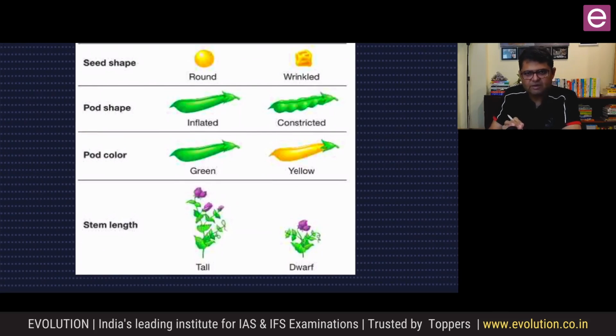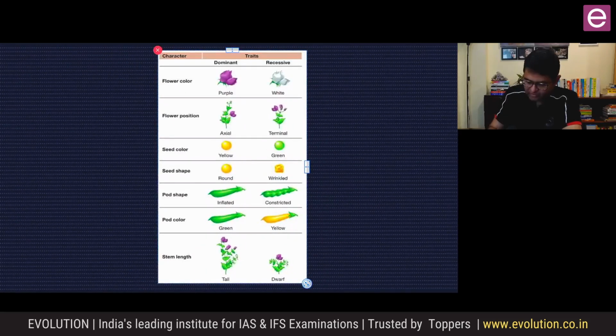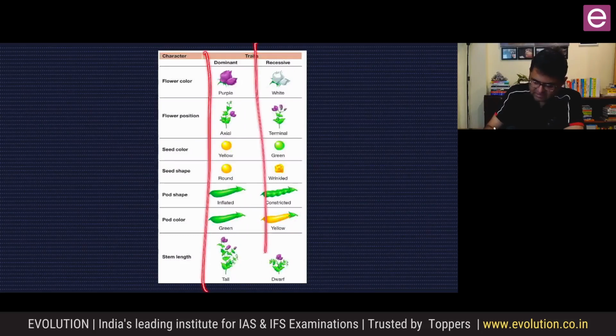And if the stem length is dwarf, it is recessive. So that's how Mendel carried out these 7 characters analysis. And mind it, each character has 2 types, 2 opposing phenotypes, 2 opposing traits, that is contrasting features with respect to the same character. So character is this, these are traits.